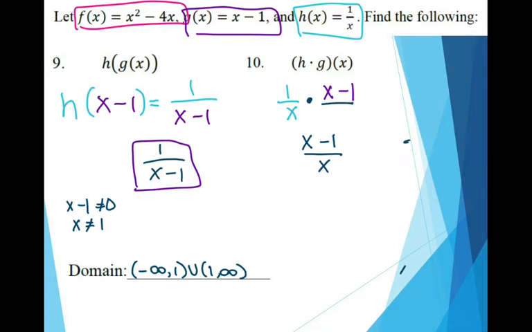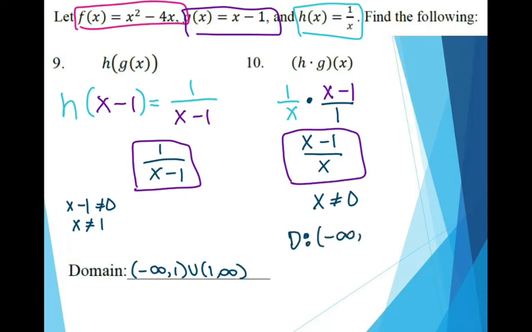So for this particular function, after we multiplied them, our denominator cannot be 0, so x cannot be 0. So my domain for this one is going to be negative infinity to 0, and then 0 to infinity.